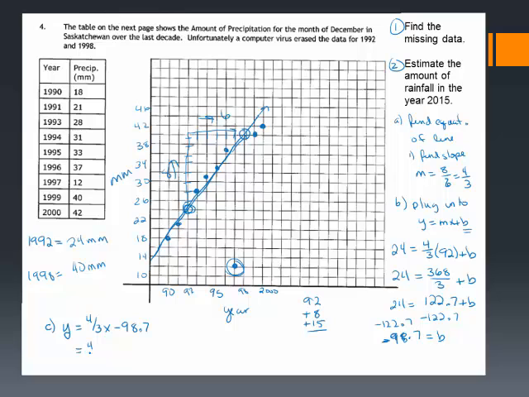So I'll do 4/3 of 115 minus 98.7. 115 times 4 divided by 3 is 153.3 minus 98.7. Okay, so if this trend continued, in the year 2015, we would have 54.6 millimeters of rain.